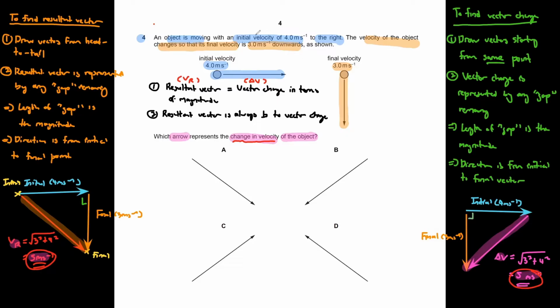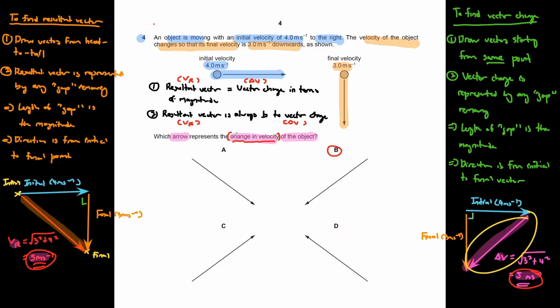Okay, in our case, again, the resultant vector is our resultant velocity, and the vector change here is our change in velocity. So to answer the question that has been asked here, we are supposed to find out the change in velocity of the object. The change in velocity of the object is actually represented by this arrow here. So our answer is supposed to be B. Okay.